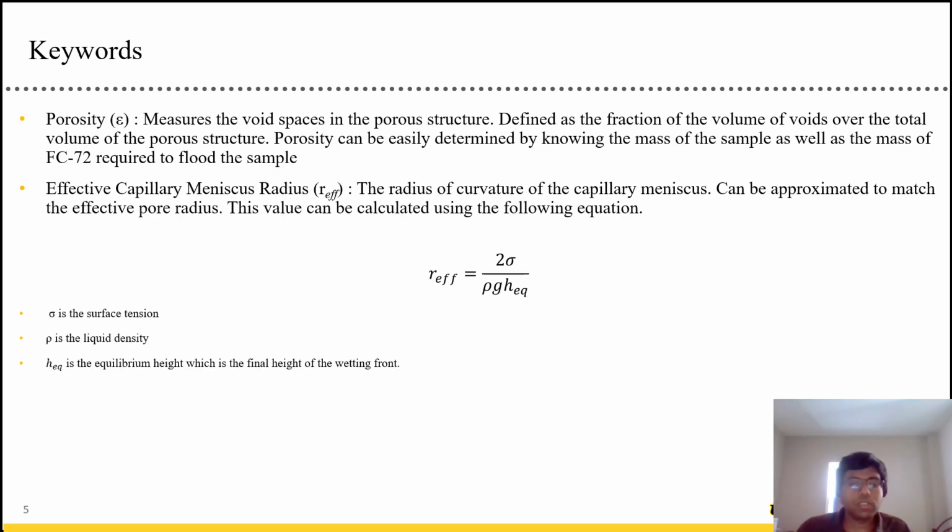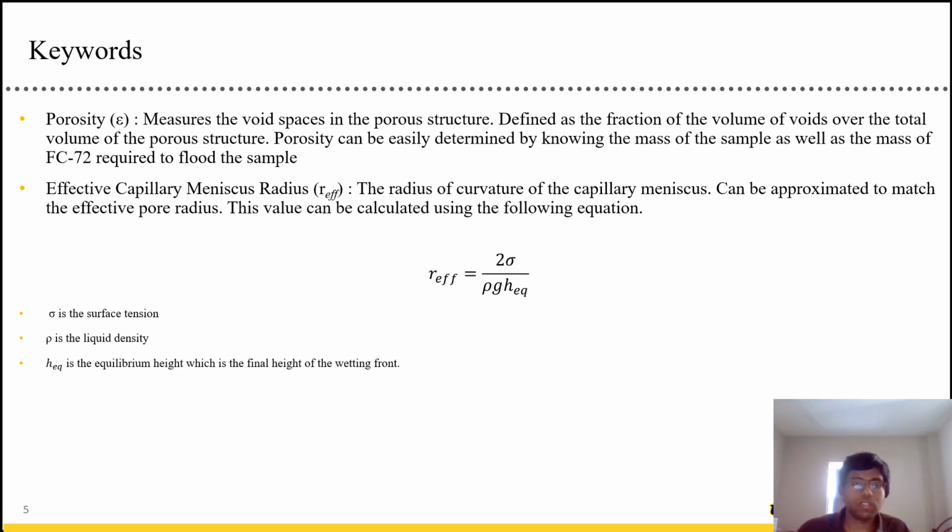Some of the keywords: the first one is porosity. It shows you the void space inside the porous media, and you can easily find it by comparing the mass of the wick structure with the fluid inside it and the mass of the wick structure without the fluid inside it. Another term is the effective capillary meniscus radius, which is basically the curvature of the capillary meniscus.